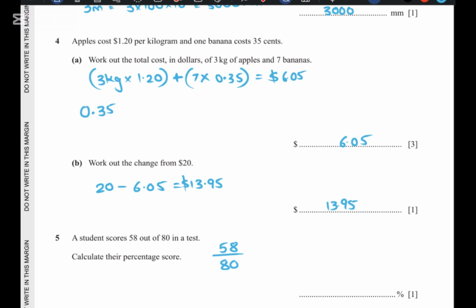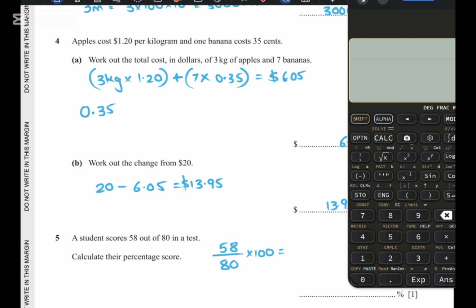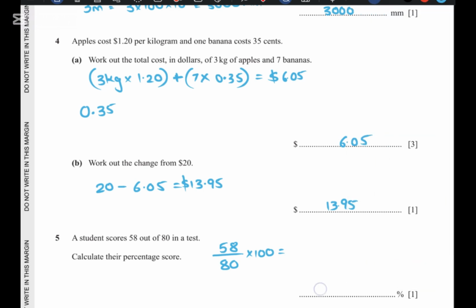Out of 80 means 80 is the maximum mark, and multiply that with 100, you get the percentage. 58 over 80 into 100 is 72.5. 72.5%. Question number 5 is done.